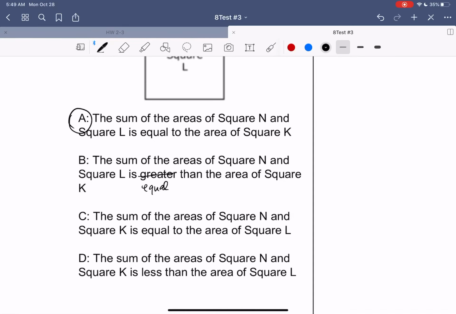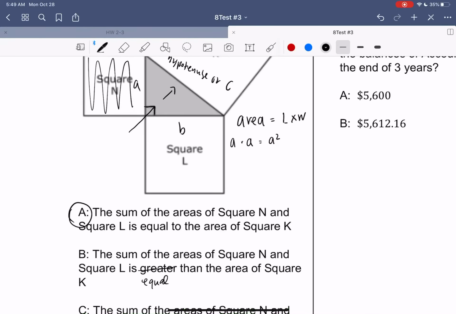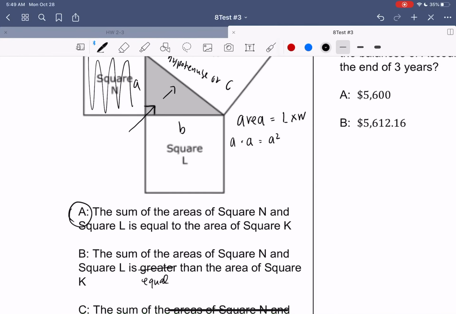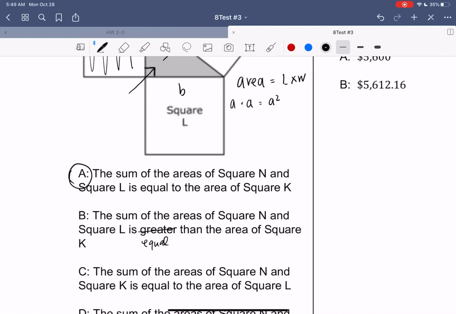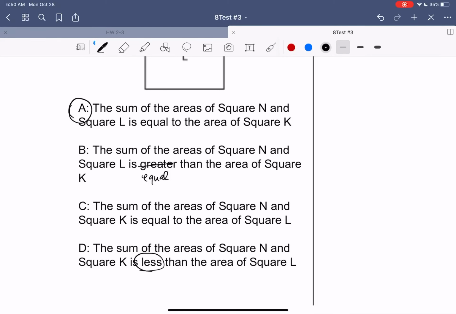The sum of the areas of square N and square K is equal to square L. So that's saying that C squared plus A squared equals L squared, which is not correct. And the sum of the areas of square N and square K is less than the area of square L. Less than, remember, they're always equal.